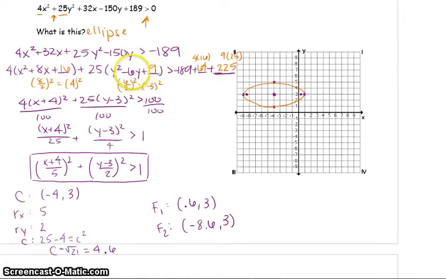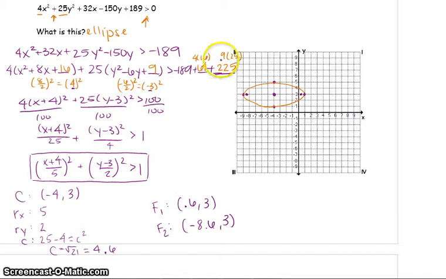Same thing with the y's: you're taking your b, which is -6, dividing it by 2, and squaring that to be 9, but you're actually adding 9 times 25 to the other side, so 225. When you simplify that, this factors to 4 times (x plus 4) squared, where the 4 comes from b divided by 2, and then 25 times (y minus 3) squared.